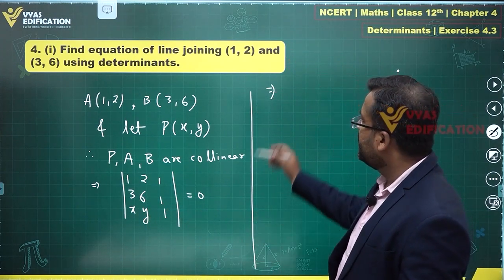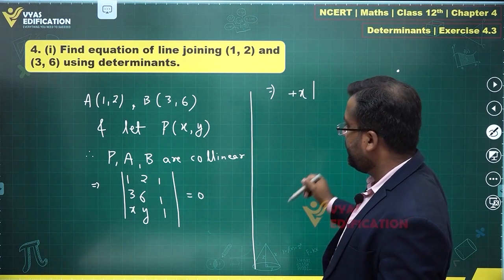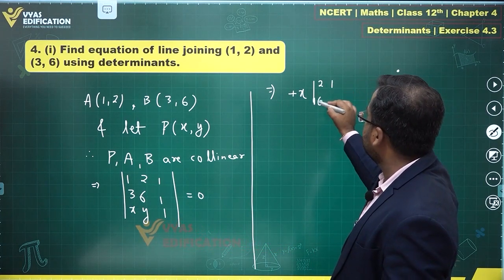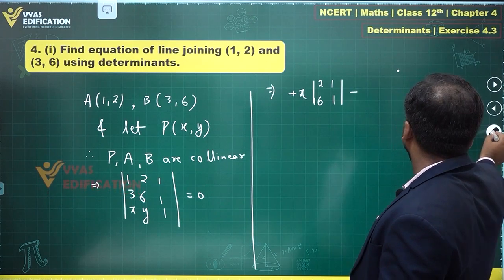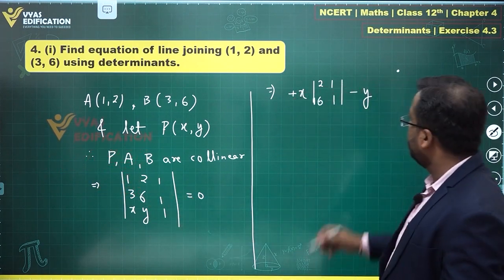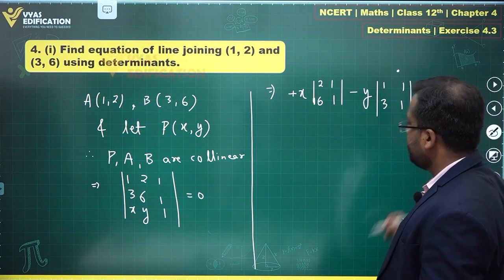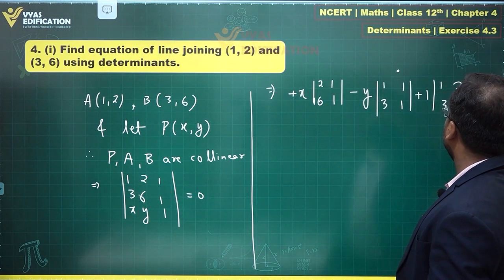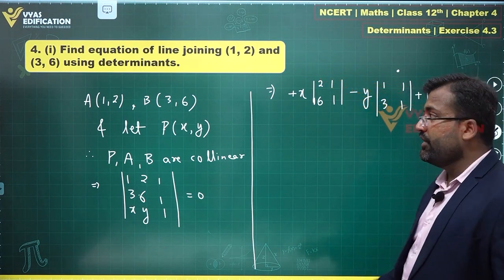The sign will be plus for x, and you'll have a determinant which is 2, 1; 6, 1, minus y times the determinant 1, 1; 3, 1, plus 1 times the determinant 1, 2; 3, 6. This is what you have. This value is simply 0.